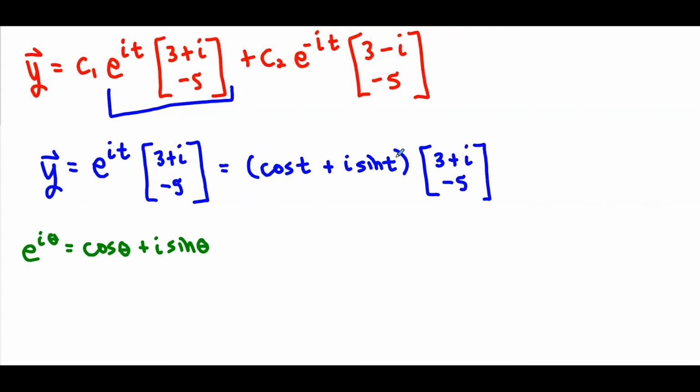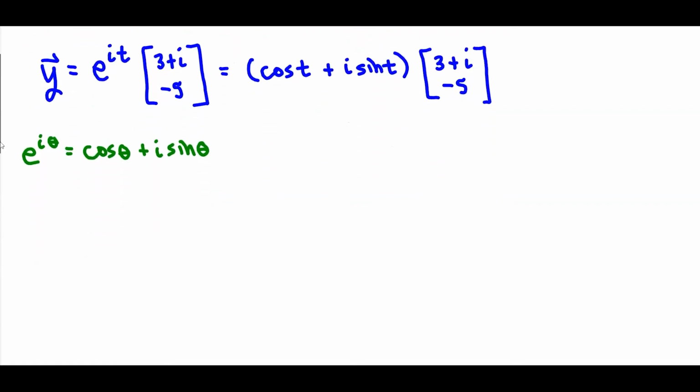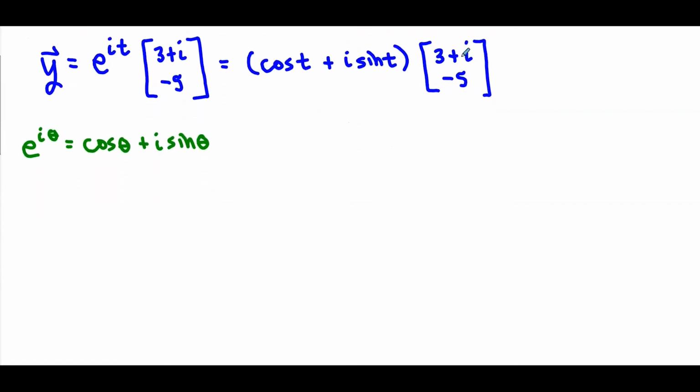And now I'm going to actually multiply cosine t plus i sine t inside the vector. I'm going to have to FOIL on the first component and just distribute on the second one. So we're going to get a new vector. We get cosine t times 3, so it'd be 3 cosine t, times i, and then i sine t times 3.